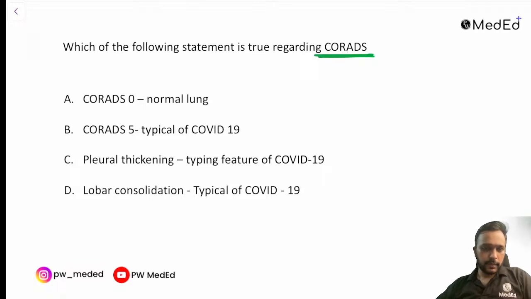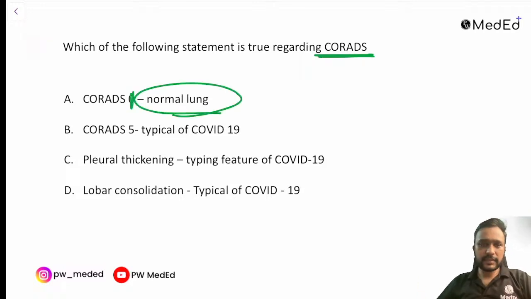Anyone? So remember, there is nothing called CO-RADS 0. CO-RADS 1 will stand for a normal lung or a non-infectious abnormality, right?